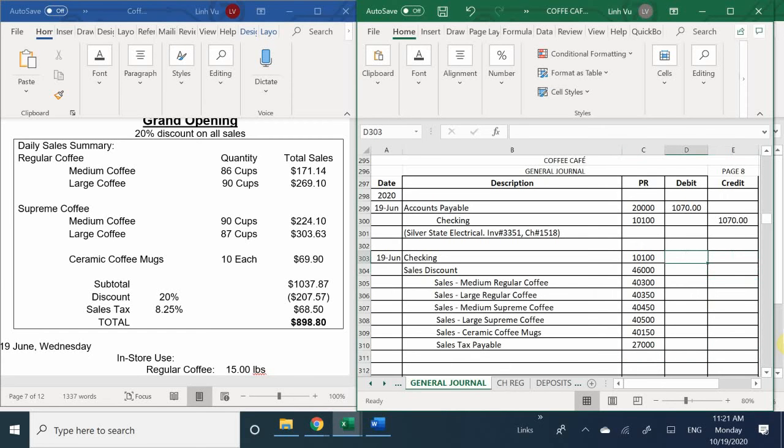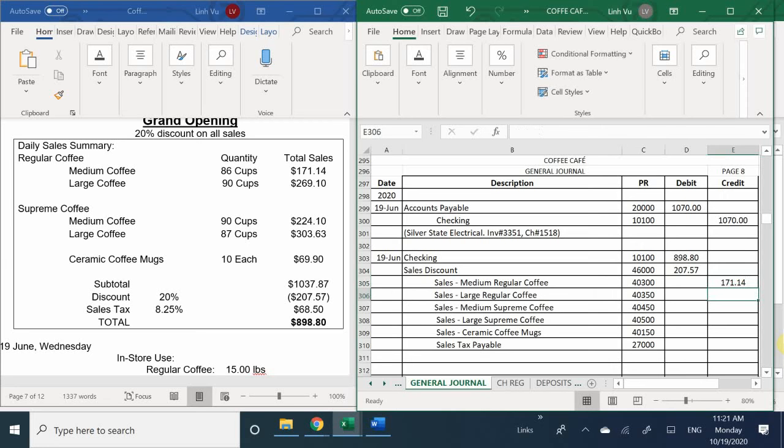All right. So how much cash am I receiving? $898.80. All right. How much was my discount for? 207.57. How much was my total sales for the medium regular coffee? 171.14.